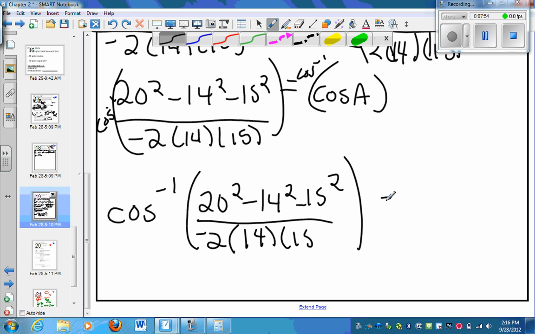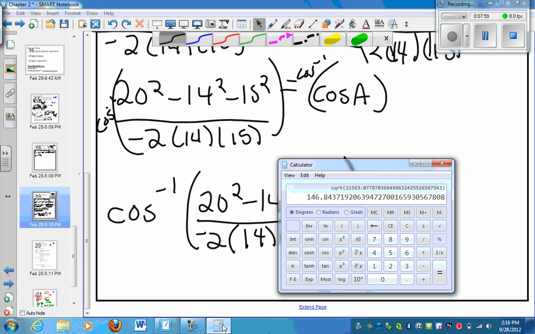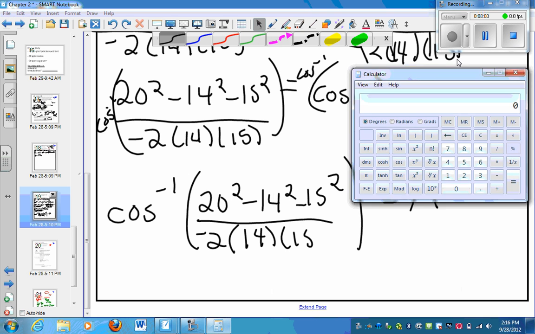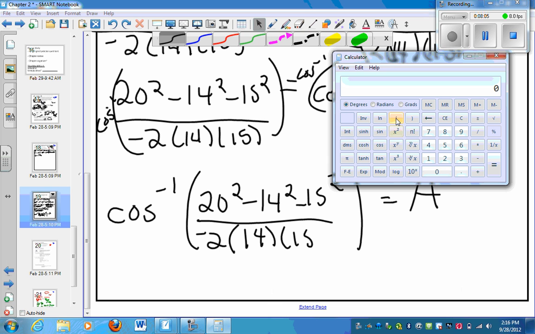Okay, and hopefully that will give us a reasonable angle for A. So my calculator, this is the way I'm going to do it, and your calculator may be different. Okay, so I am going to do bracket, and I'm going to go 20 squared minus 14 squared minus 15 squared, bracket.